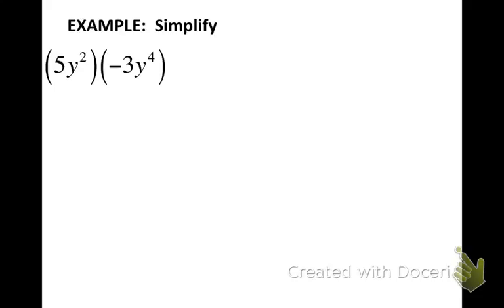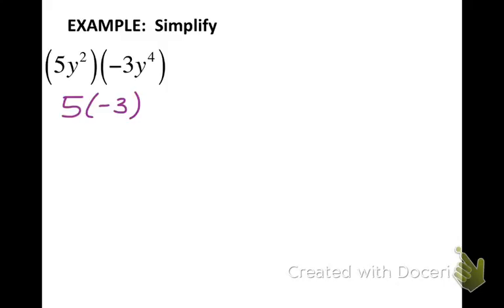Now, for me personally, I like to rewrite this, because I can, because the commutative property of multiplication allows me to rearrange everything. Because my only power here is a 1, and my only power here is a 1, I don't have to do any power to a powers. So I'm going to rearrange this, and I'm going to put my numbers next to each other, my coefficients.